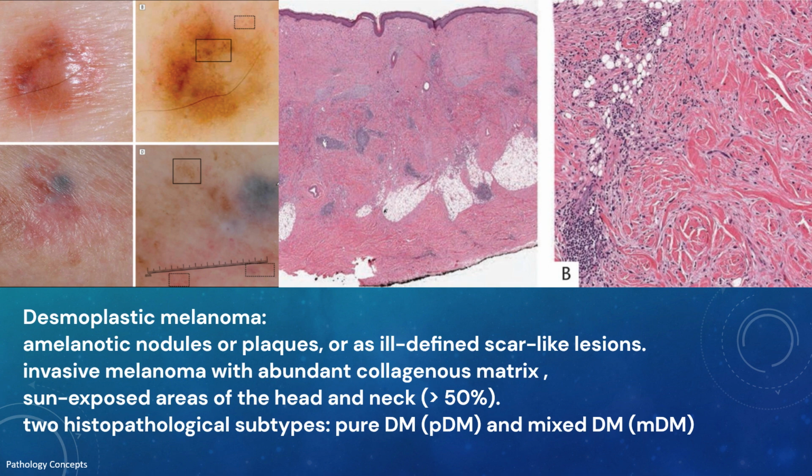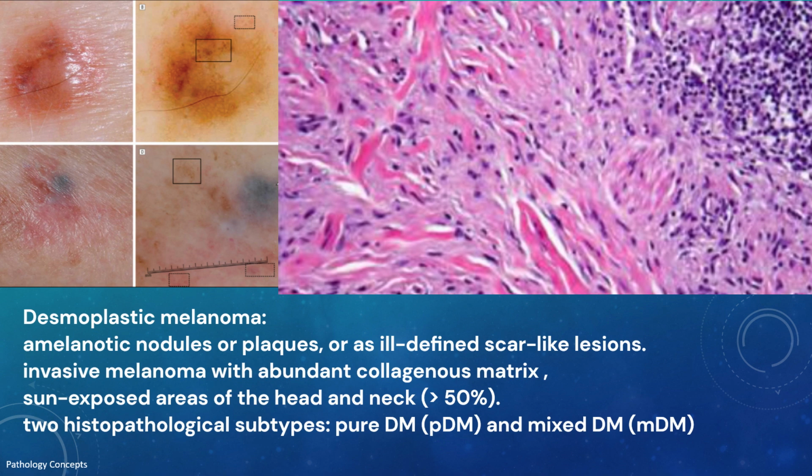It has been further classified into two histological subtypes, pure type and mixed type, based on the degree of desmoplasia present in the tumor. Pure desmoplastic melanoma is typically paucicellular with individual tumor cells dispersed in or separated from each other by the fibrous tissue.